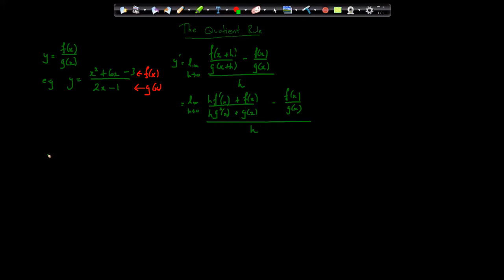Now I'm just going to go over to this side here, and we may have to work sideways because I'm sort of running out of room vertically a little bit. Okay, so what I'm going to do now is we're going to put this part here over a common denominator. So our common denominator would be simply this times this. So bracket, and then now that would mean that if that's the new common denominator, I need to multiply this fraction by g(x).